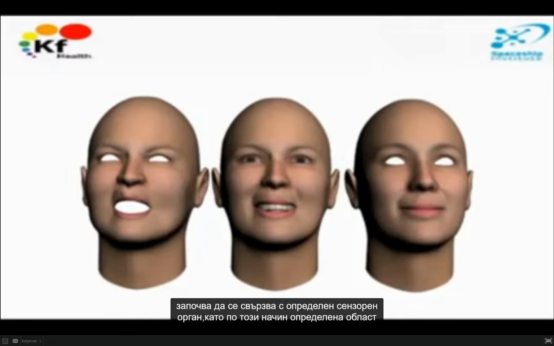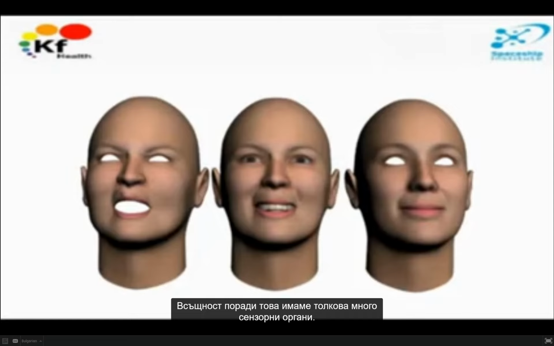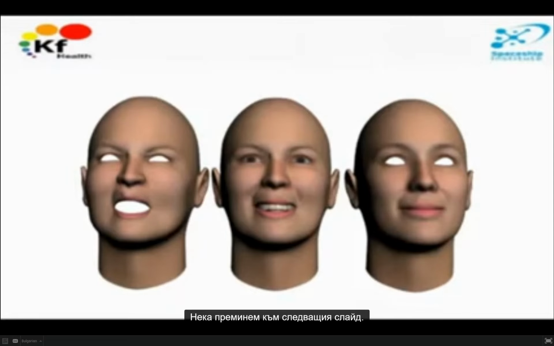In that way, a particular area of the brain starts to accept and reorganize the information from fields, to analyze it, and to send back the fields to the physical part of the brain which controls the functions of our body. Actually, because of that, we have that many sensitive organs. Then we go to the next slide.